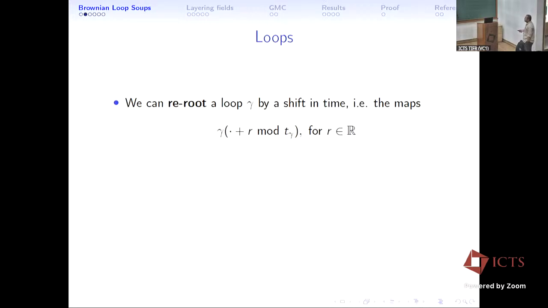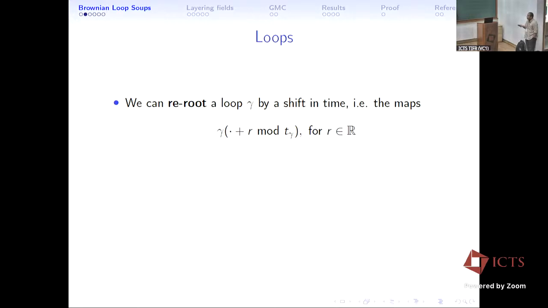Loops usually come with a root, which is the starting point or the end point. I want to look at unrooted loops, loops which do not have a root. The way to do it is by first changing the root. We can reroot a loop gamma by a shift in time like this.